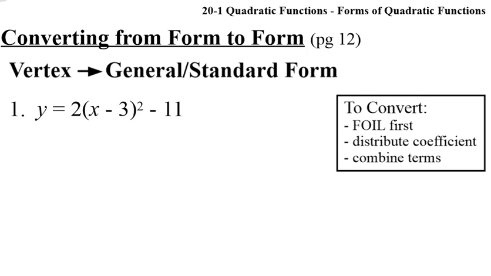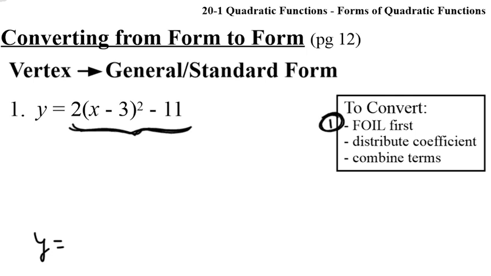Page 12, converting form to form. We're going to start from vertex form to general form, standard form. This is not complicated, hopefully. It's just simplifying the left side. We still want to finish with y equals because that's what our general form is, but we just want to try to simplify this. What does simplifying require?